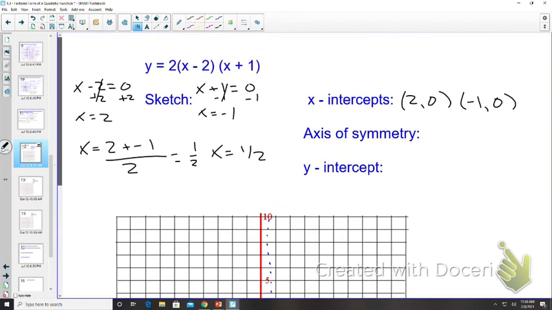Okay, so we'll just substitute in x is equal to 1/2 into that. So y is equal to (0.5 minus 2) times (0.5 plus 1). So y is equal to negative 1.5 times 1.5.